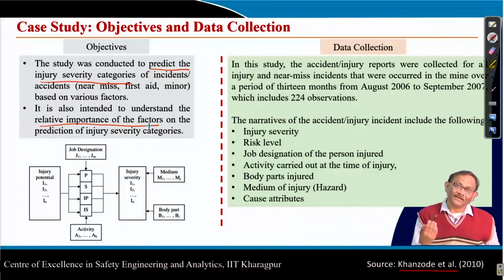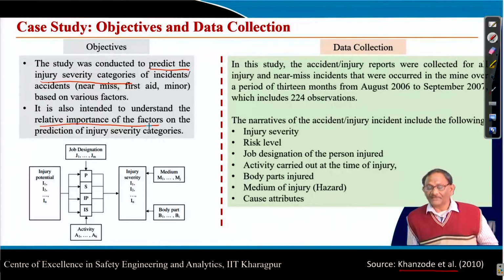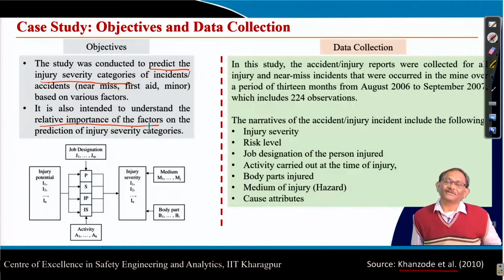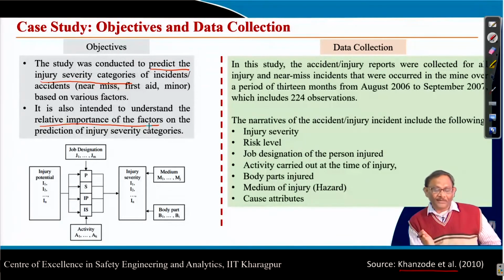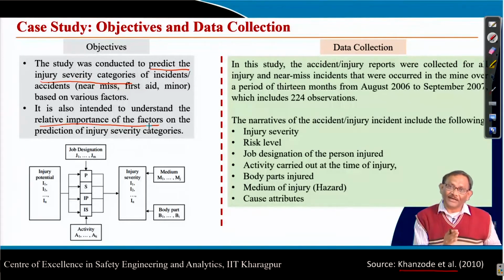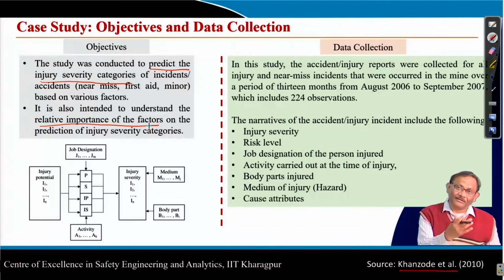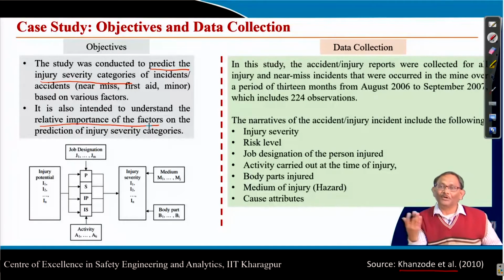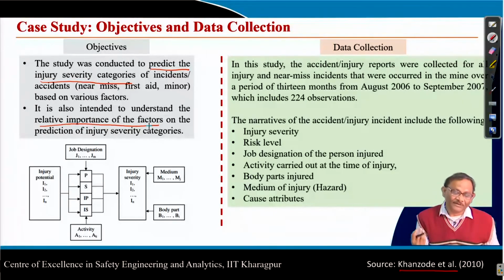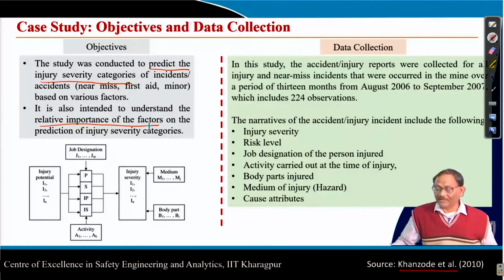Basically prediction as well as understanding which factor is influencing the most. In the paper, our purpose was how the injury severity goes from a potential level to a realized one, but here the purpose is to predict based on the potential and all the other predictor variables.